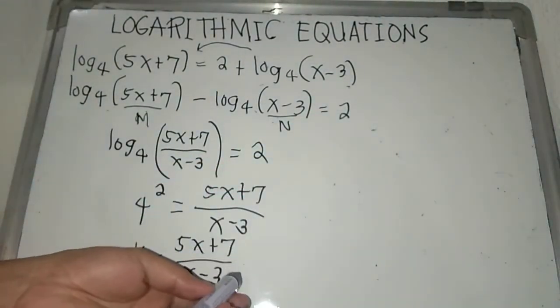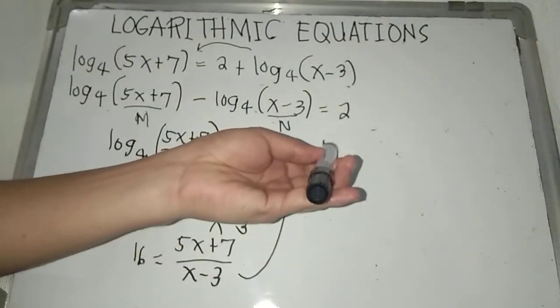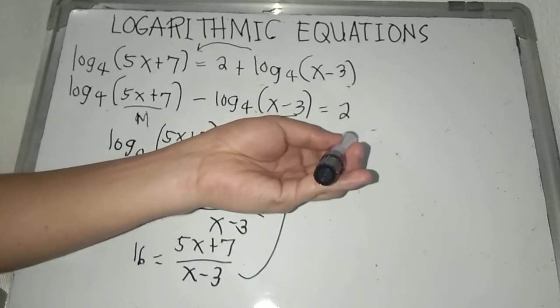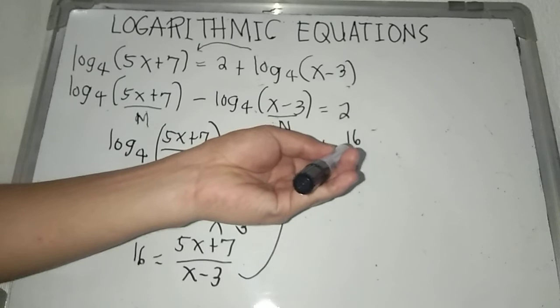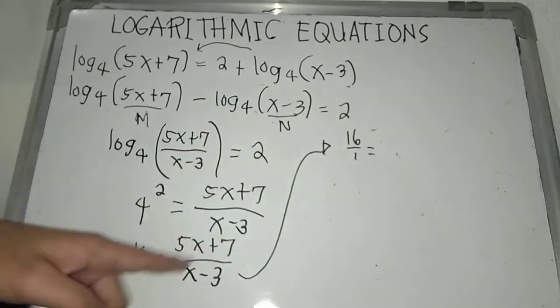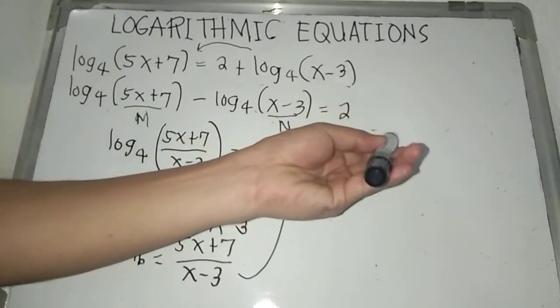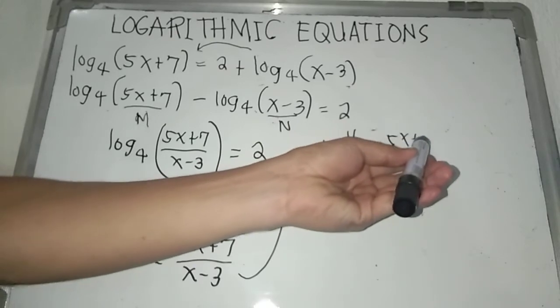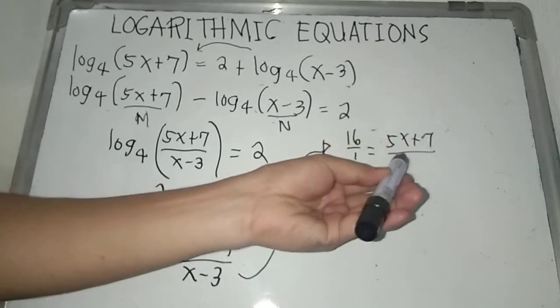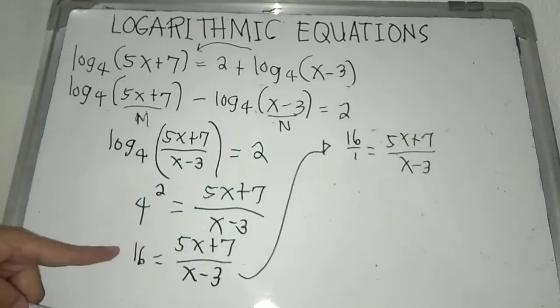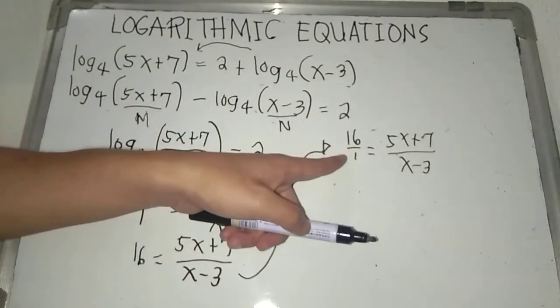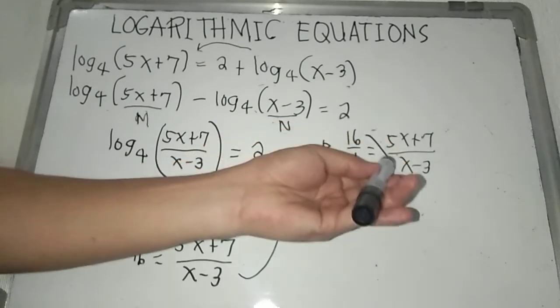We know that 16 can be written as 16 over 1. And copying the right side, we have 5x plus 7 over x minus 3. So you can write like this so that we can cross multiply.